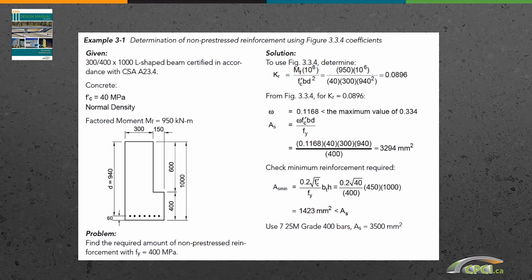We first calculated the K sub R from the fact that we already have the M sub F, and then calculated omega, then A sub S, which we checked against the minimum. We found out obviously it's more than the minimum, so we can use 7 25M bars. This is an example from the book, following the table that we have in the book, and following CSA A23.3.